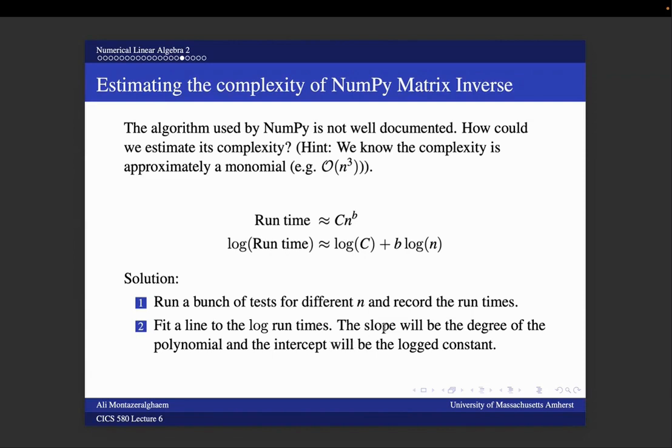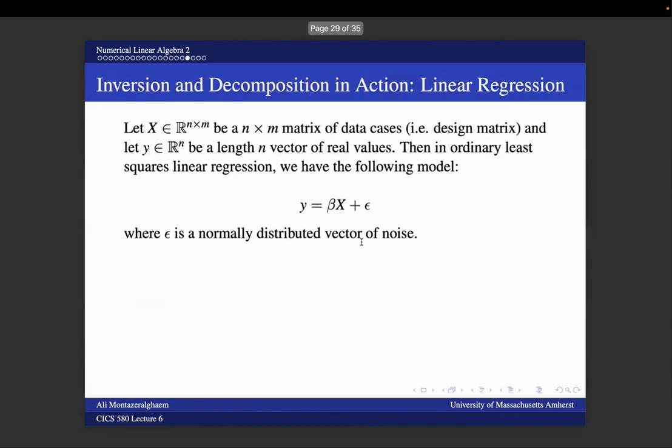The slope of this line should be the degree of the polynomial, and then we can say what b is, and also what c is. So with this solution, we can find the complexity of NumPy for computing matrix inversion.